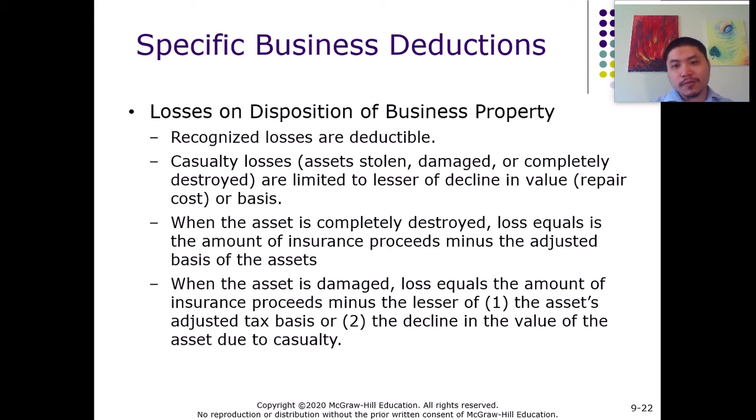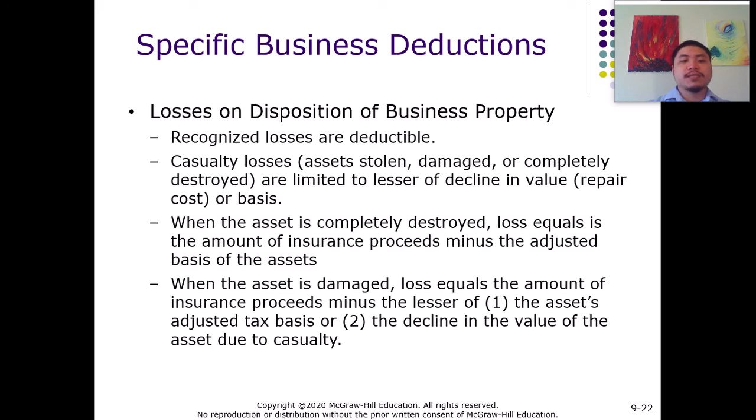Basically, whatever is not covered by the insurance, the taxpayer can deduct. So let's say the basis of the asset is $10,000, and the insurance pays $5,000, then the leftover $5,000 that the insurance didn't cover, the taxpayer can use to deduct. That's for the case when the asset is completely destroyed.